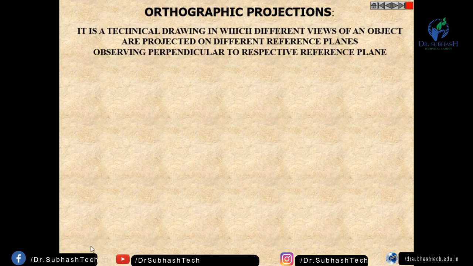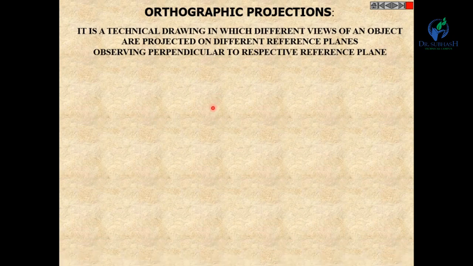That means if any object is there and you want to draw its projections, and the projections on those reference planes are perpendicular to the reference planes, then such projections are known as orthographic projections. So here we have to remember that orthographic means perpendicular. The projections are perpendicular to the respective reference plane.